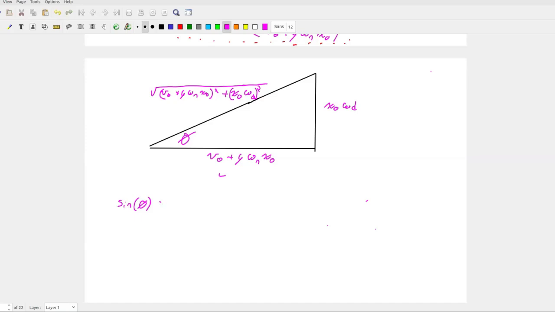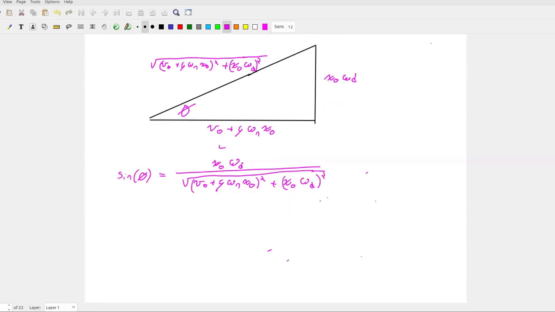Sine of phi is equal to x naught omega d over the square root of v naught plus zeta omega n x naught squared plus x naught omega d squared.